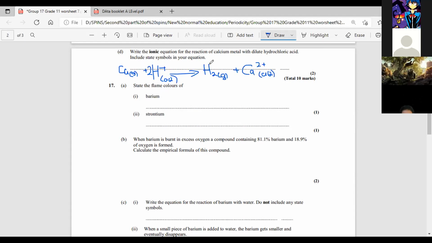Based on the number of atoms, left and right are balanced, and based on the charge, it is also balanced.